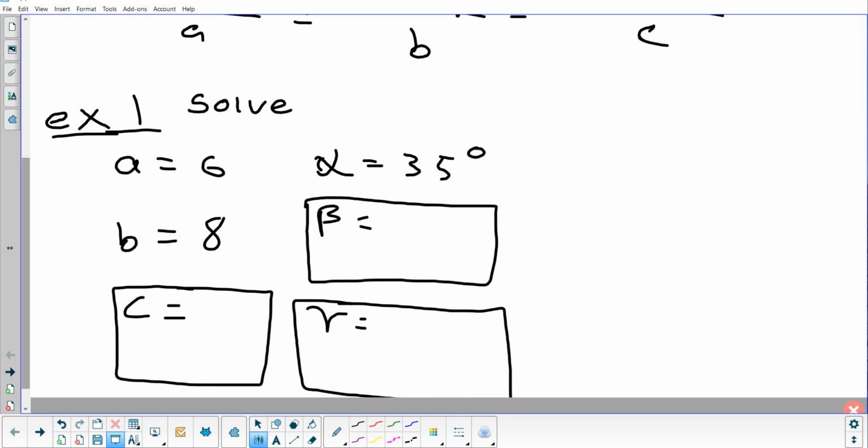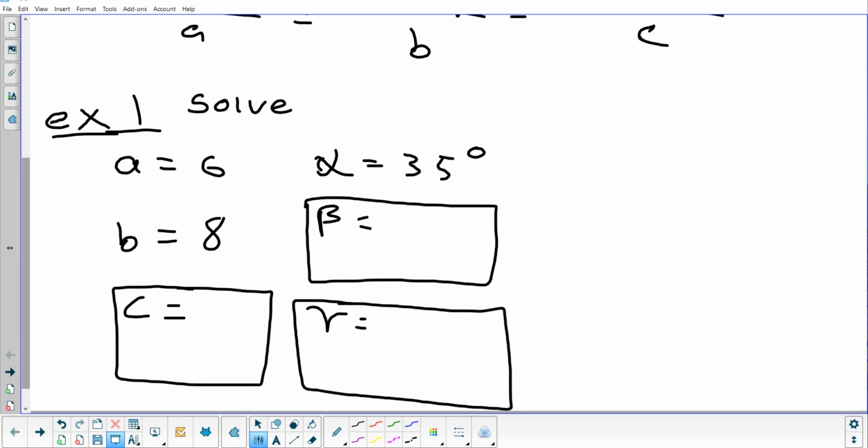All right, so let's look at this. So A is 6, B is 8, and alpha is 35 degrees. How can I tell that this is going to be law of sines without a sketch?